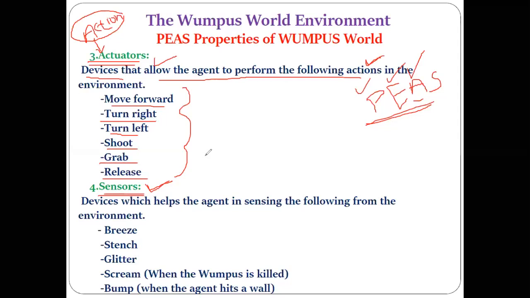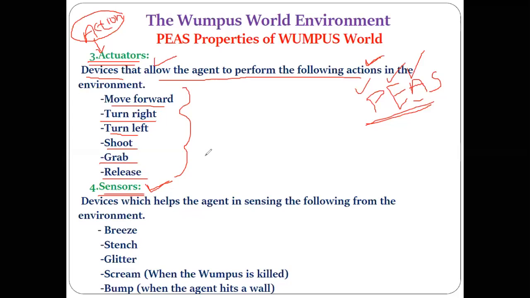Just like in the previous property, if the agent wants to make a movement, there is a need for actuators. So if the agent wants to perceive something, what does he need? Sensors. We need the sensors. Perception is done with the help of the sensors.